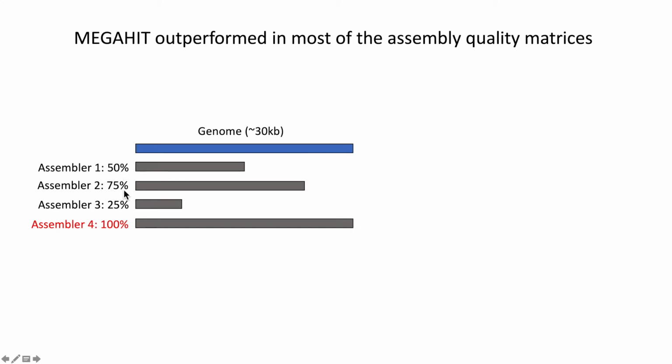For assembler 2, 75%, assembler 3, 25%. But there is a fourth assembler that is able to assemble the entire genome for the same sample. So we can clearly see the distinction in quality in terms of the fraction of genome, where assembler 4 performed better than the others.